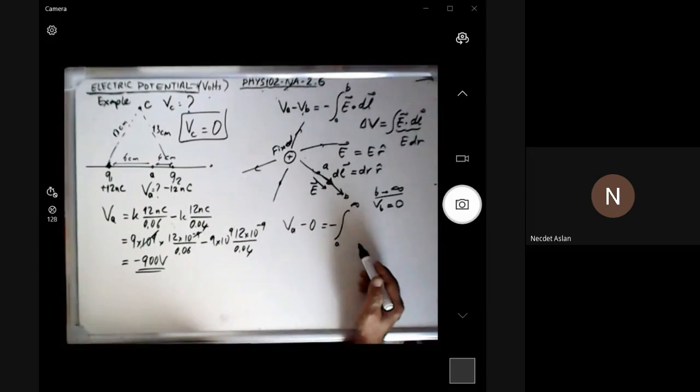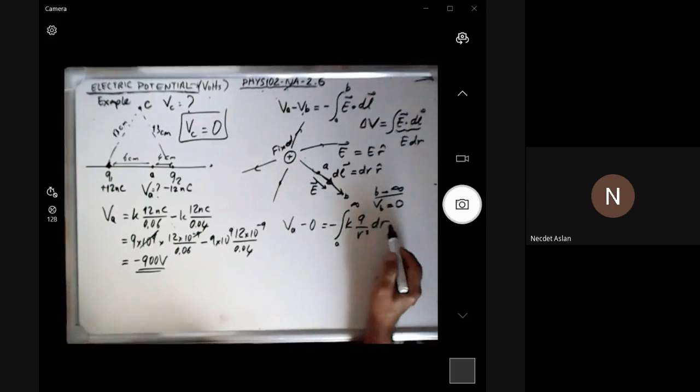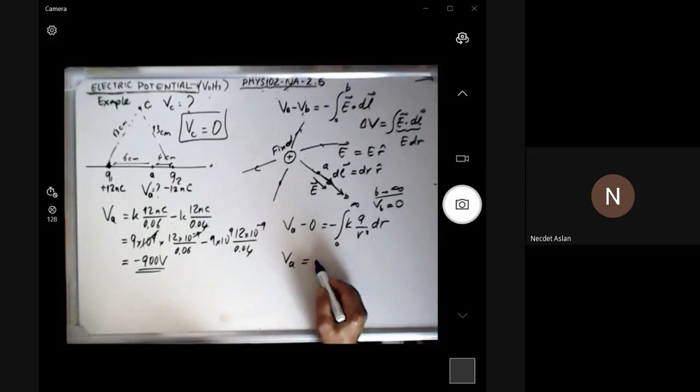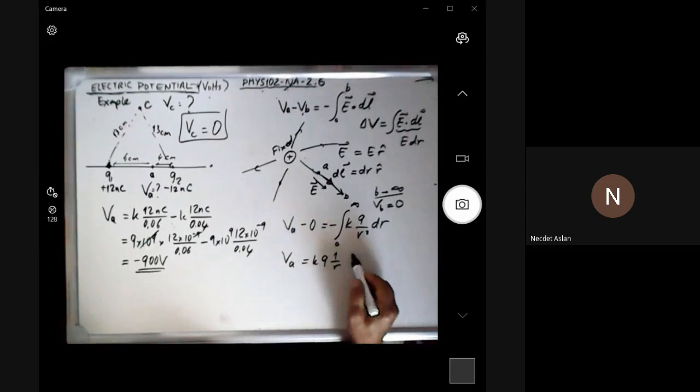Now, VA minus the potential at infinity, this is correct. And now E dot dr. The electric field is just k q over r squared times dr, and we put it to the other side, so that VA will be equal to k q times 1 over r with a minus sign, from A to infinity.